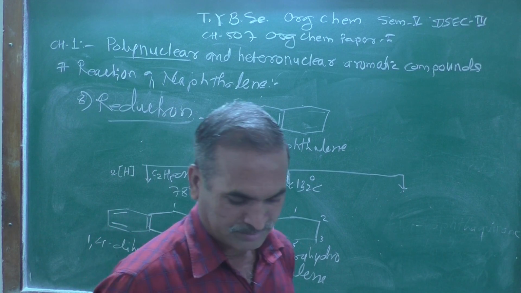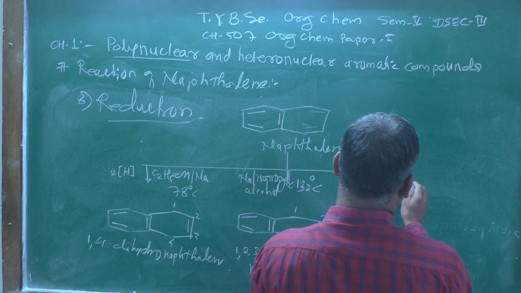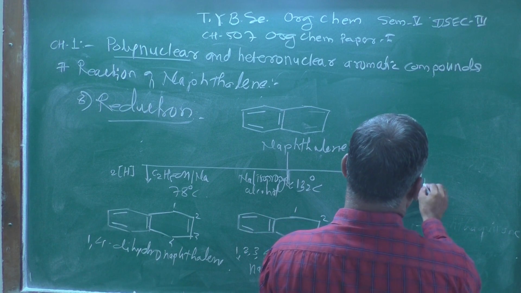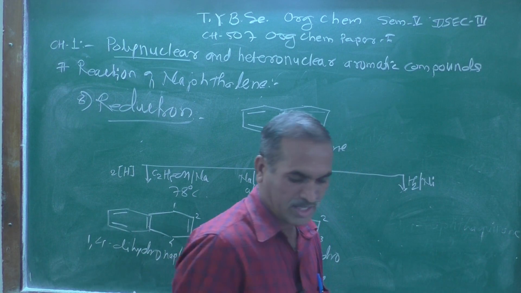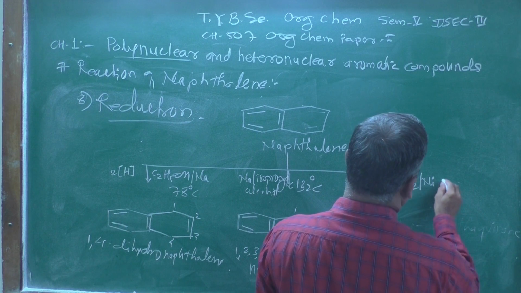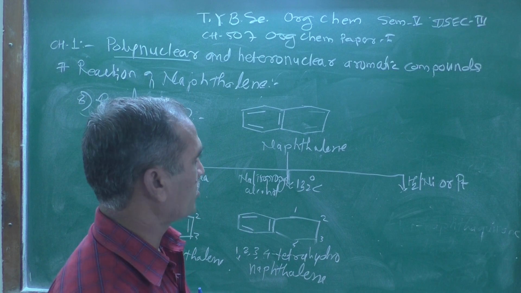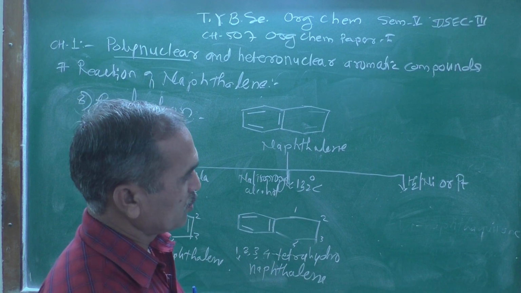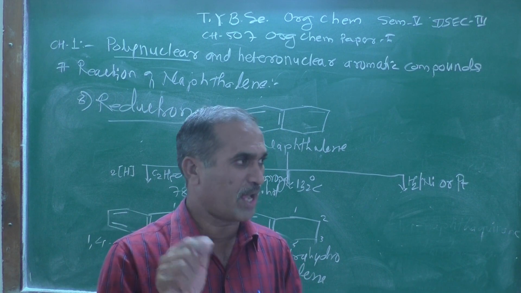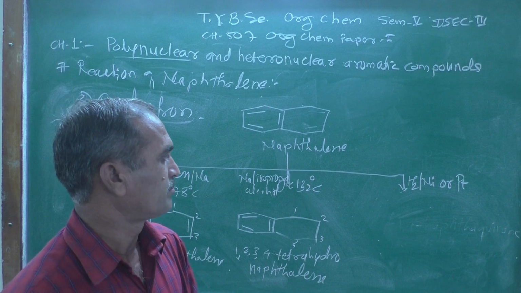And if you use the common reducing reagent here, H2 in presence of nickel, that is Raney nickel, or you can use platinum, what would be the product when you use H2 in presence of nickel or platinum or palladium?